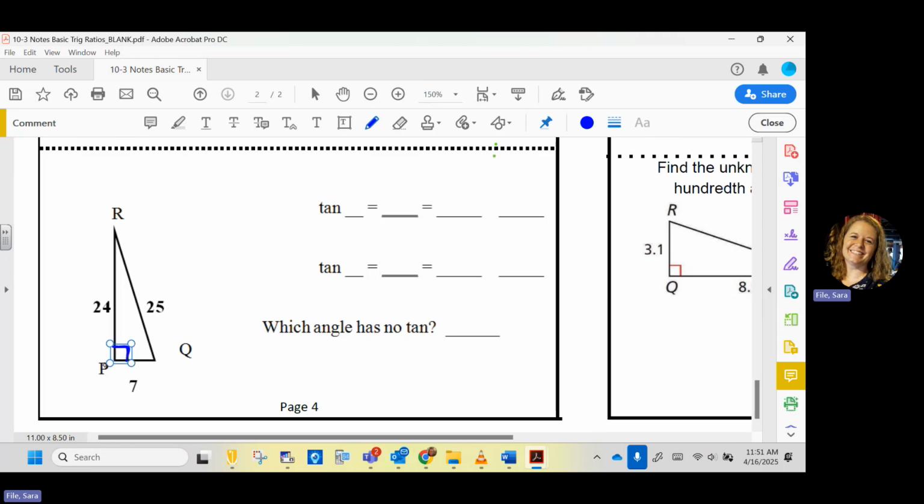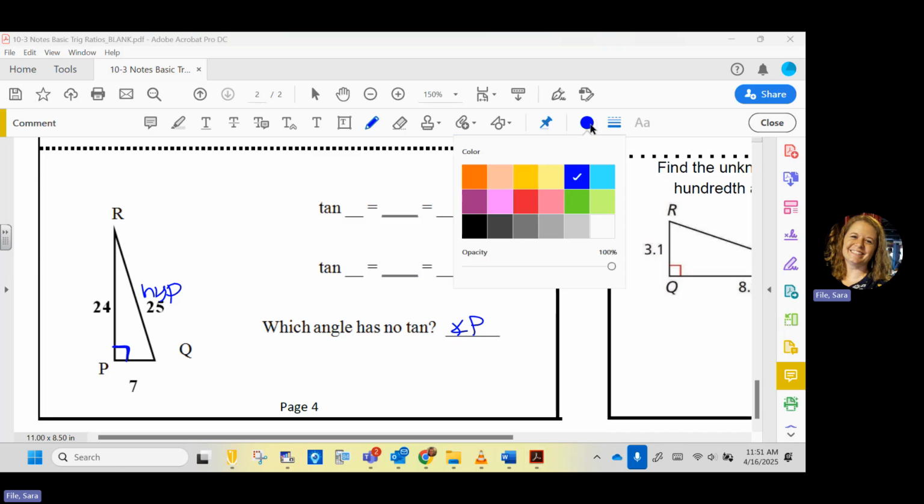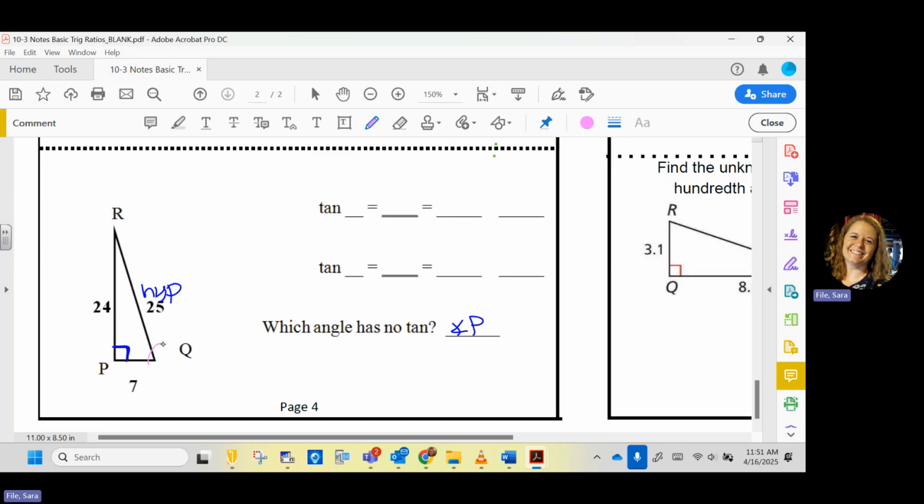So 90 degrees is P, so there will be no tangent from angle P. Okay, so 25 is the hypotenuse, so 25 should not be a part of any of your tangent ratios. Okay, this is angle Q down here. Opposite of angle Q is 24, which if you want to name it, that's PR.